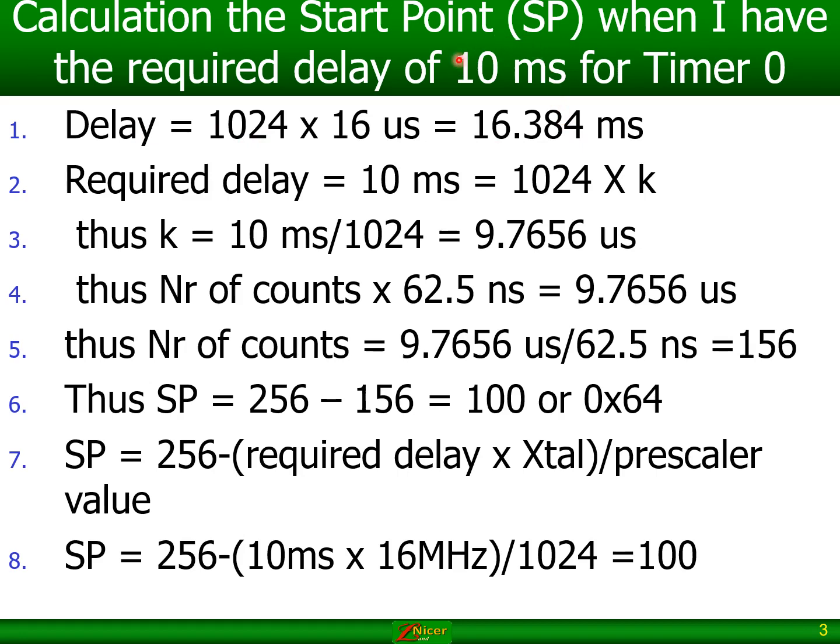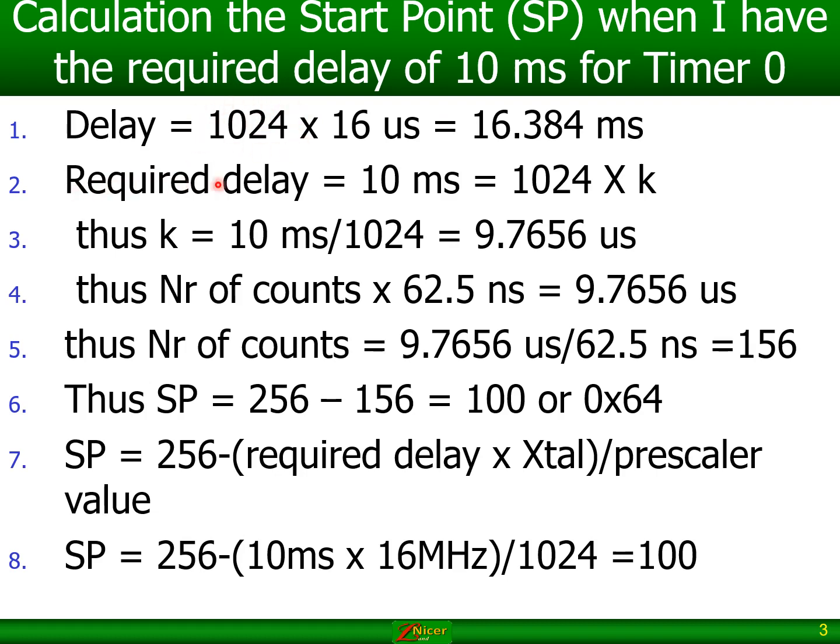So if I want a 10 milliseconds delay, I must make use of a 1024 prescaler. I cannot use the previous one, which is 256, because that will only give me a 4 milliseconds delay. So that's not good enough. This is why I have to use this one.